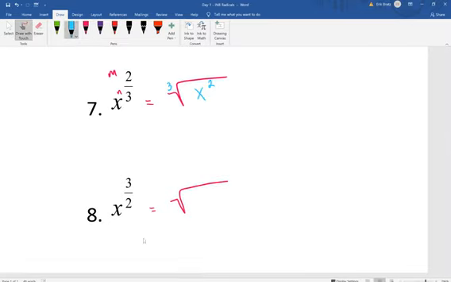Let me label it m and n. N goes on the outside, and the top number goes on the inside. And it's the exponent or the power of the variable of this term. Now an index of 2 means we don't write it. That's an invisible 2. And we're done with these sets of problems.